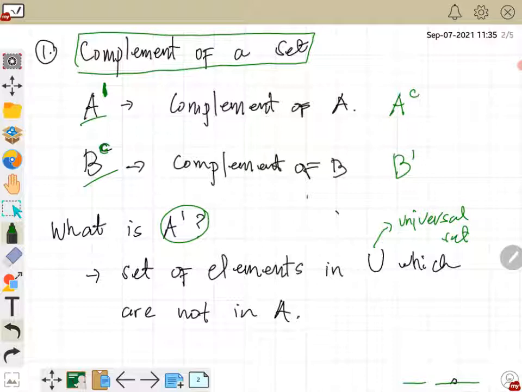Whatever limit or interval is applied in the universal set is the same one applied to any subsets of the universal set.